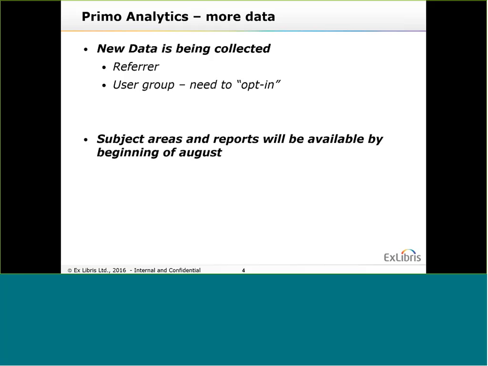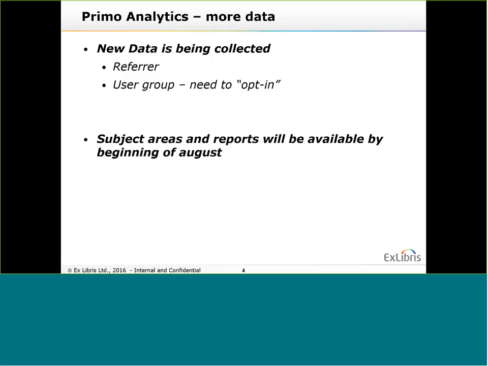We don't have any personal information in Primo Analytics, and this user group is going to be the only information that can give you maybe some more information about the type of user that the usage is coming from. So by default, it's opt-out, meaning we are not collecting this information.